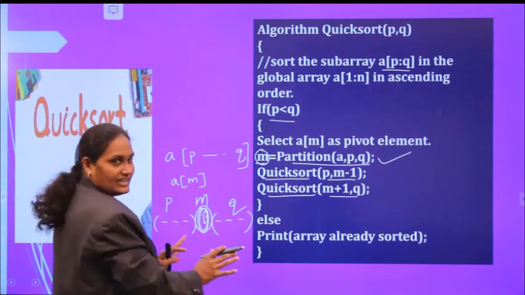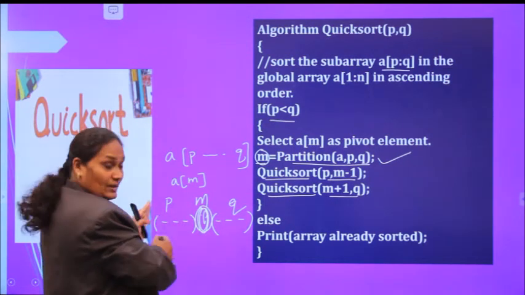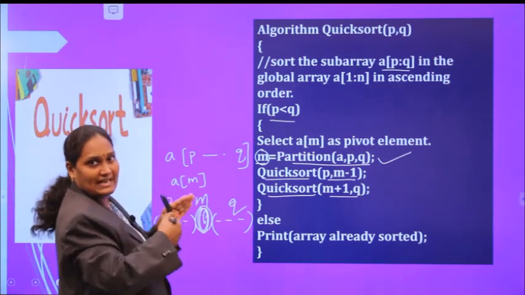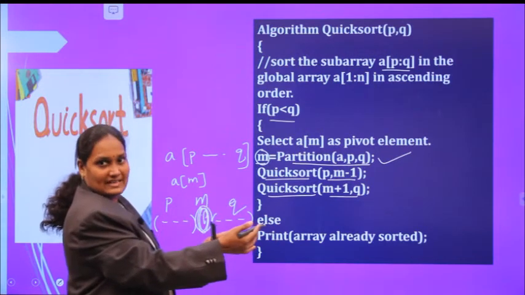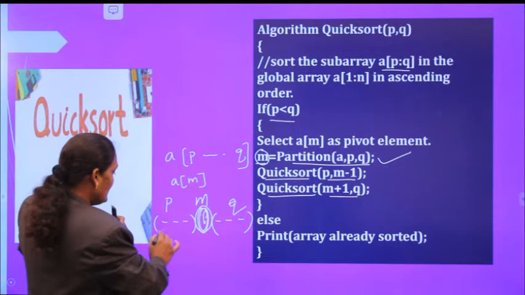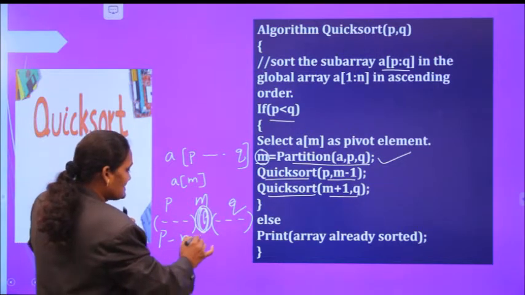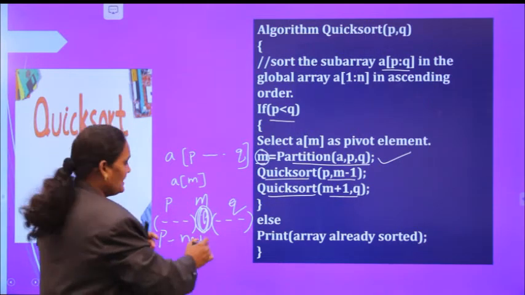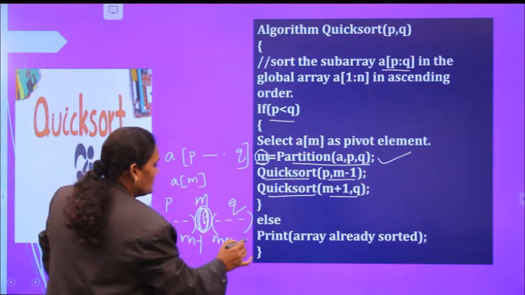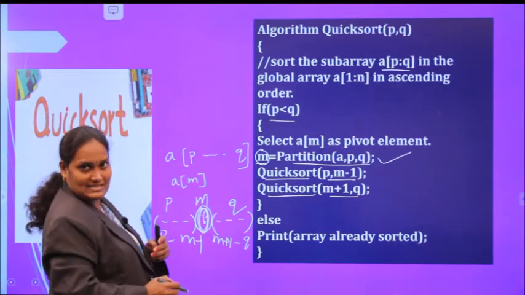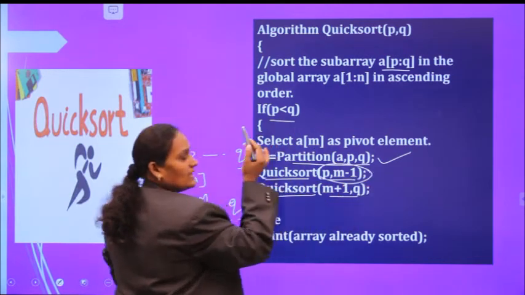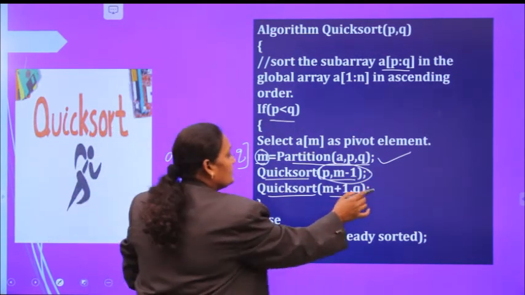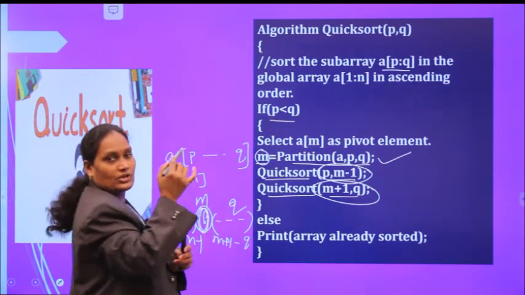The elements which are present before the pivot are considered as one subarray. The elements which are present after the pivot are considered as another subarray. That is, p to m minus 1 is one subarray. m plus 1 to q becomes another subarray. So I called quicksort for p to m minus 1 and quicksort for m plus 1 to q.